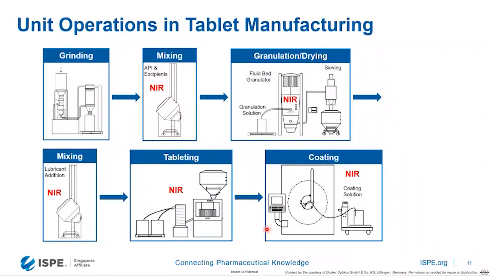And for each point, except grinding, we can implement NIR or near-infrared spectroscopy to monitor what is going on, and then we can have a production that is very effective, sustainable and environmentally friendly because we are using less energy and we produce less waste.